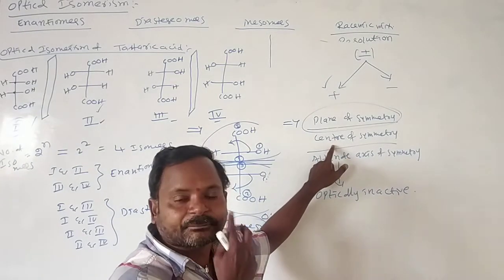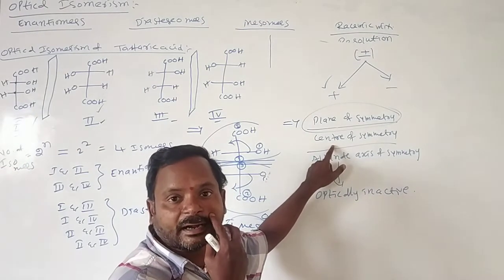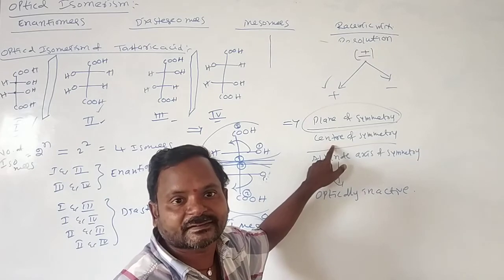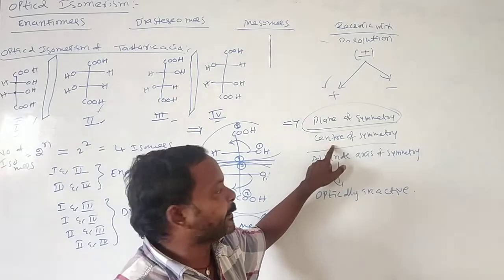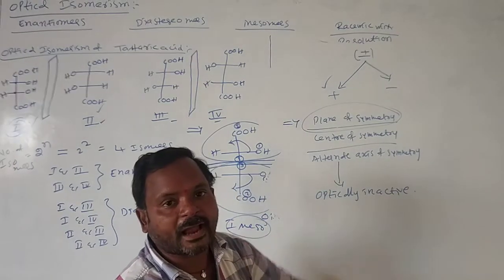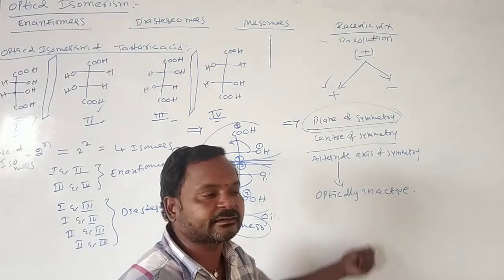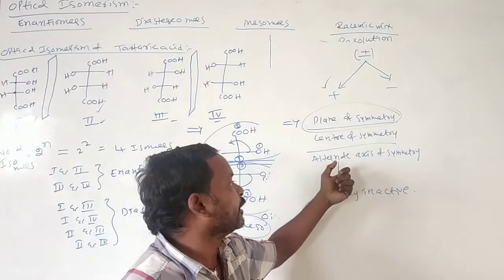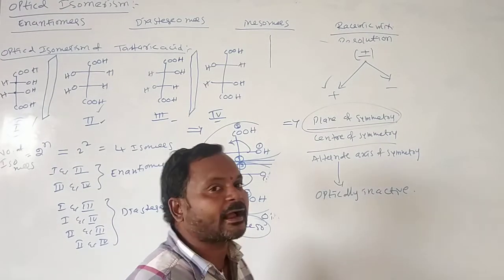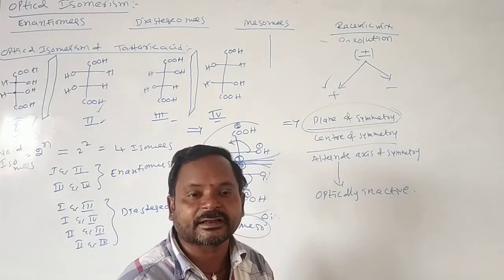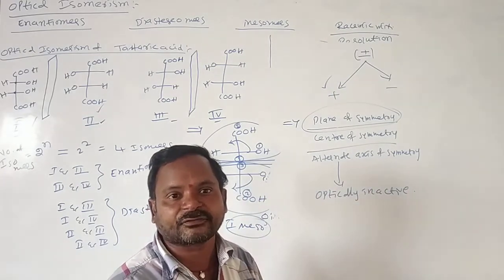Center of symmetry: if a molecule is cut into two equal halves through a center, we call it a center of symmetry. If a molecule has a center of symmetry, it is also optically inactive. Alternate axis of symmetry: if any molecule has a plane of symmetry and a center of symmetry, it should have an alternate axis of symmetry.